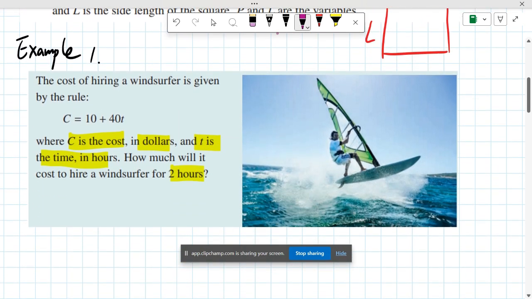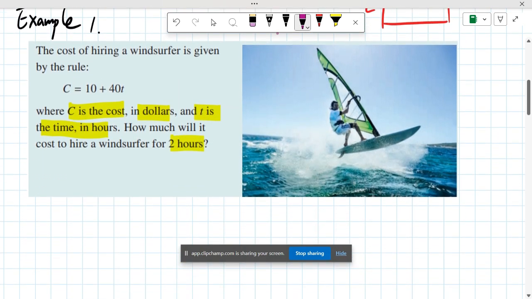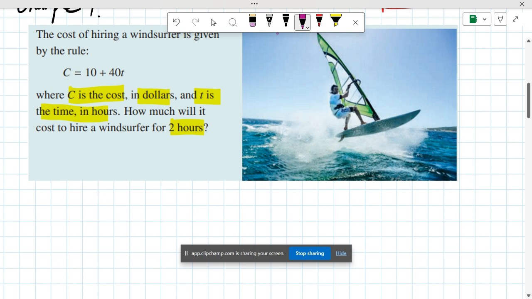Let's start with example one. First, you need to substitute the numbers to find out the other variables. C is the cost in dollars and T is the time in hours. They ask how much it will cost to hire the rent suffer for 2 hours.